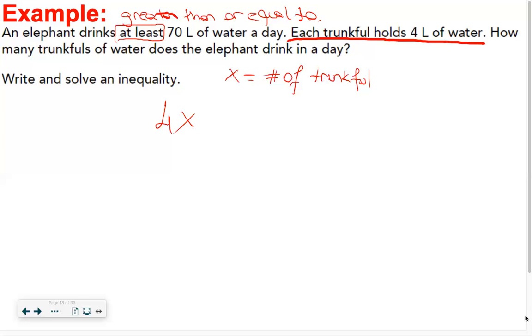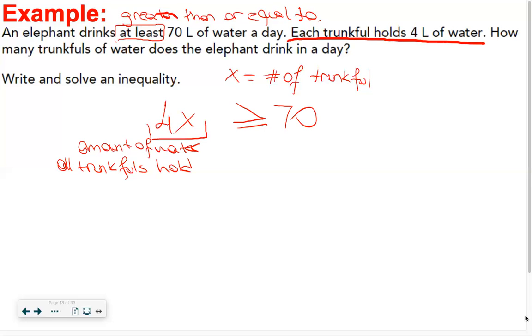This is the reason 4x means the amount of water all trunkfuls hold. And that amount of water must be greater than or equal to 70.